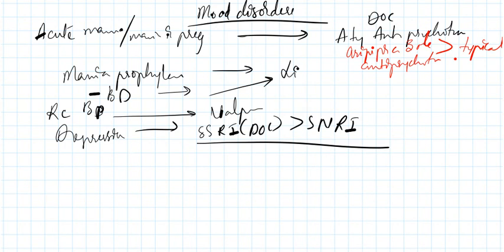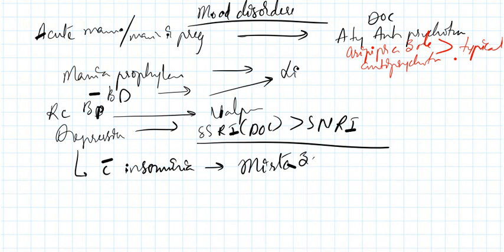What if the depression is associated with insomnia? If the patient has depression and also has insomnia, then the drug of choice will be mirtazapine. But some students are asking, sir, what about bupropion?